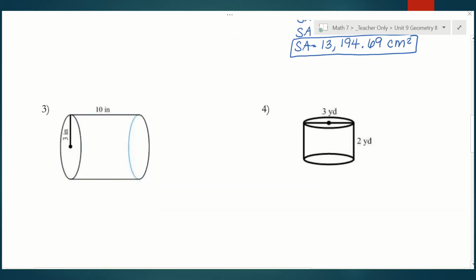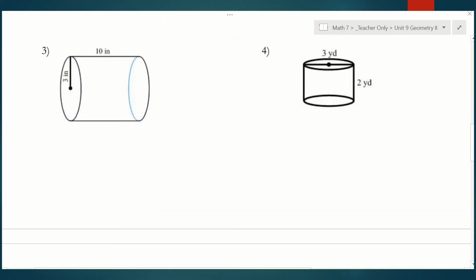Now number 3, we still have a cylinder here, it's just on its side. So let's start with the formula, 2 pi r squared plus 2 pi r h. And what's important here, the radius is 3, and because this is on its side, we're just going to say that the height is 10. All right, so again, we're using the pi key because we're rounding, so 2 times pi times the radius, 3 squared, plus 2 times pi times the radius, 3, times the height, 10.